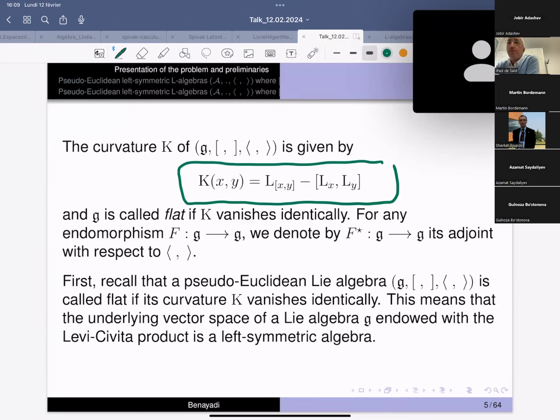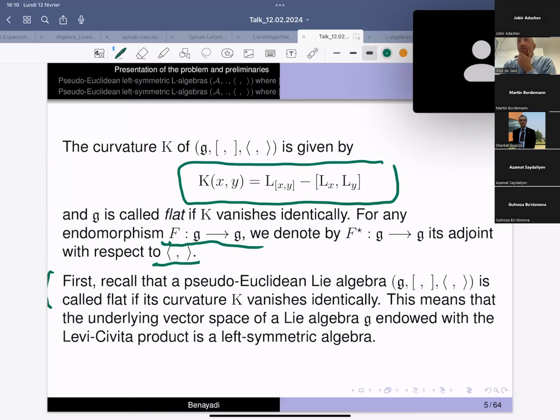And for notation, for an endomorphism or linear map F from G to G, we denote by F star its adjoint with respect to this scalar product. First, recall that a Euclidean Lie algebra is called flat if its curvature vanishes. This is exactly this definition. This means that the underlying vector space of the Lie algebra G endowed with the Levi-Civita product is a left-symmetric algebra.